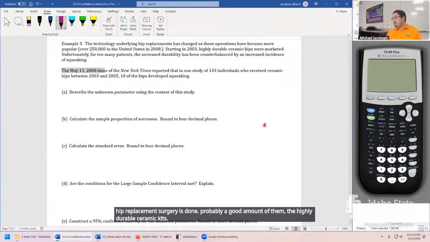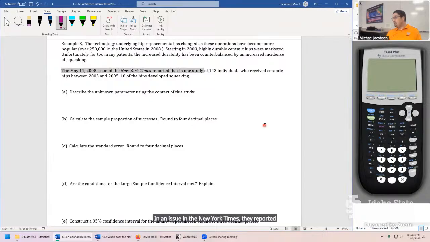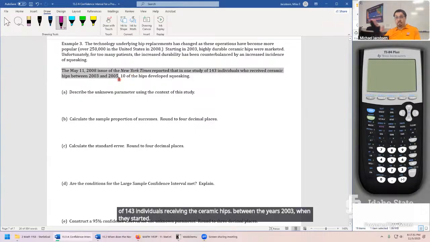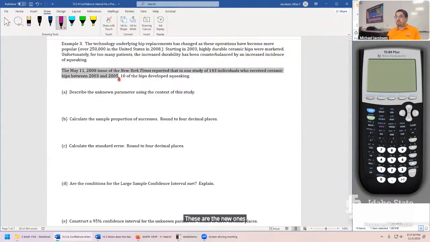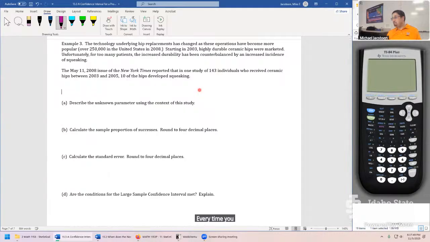In an issue of the New York Times, they reported that in one study of 143 individuals receiving the ceramic hips, between the years 2003 when they started and 2005, these are the new ones, the first generation ones, the ones that are probably not as refined yet, 10 of those people, out of 143 individuals, had hips that began to squeak. And they're squeaking forever by the sound of this. So every time you bend over, every time you try to grab the ball for the dog, it's going to make a sound.